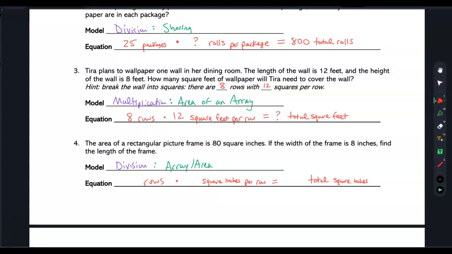In this case, I know the total area is 80 square inches. And if the width is 8, that would be this side. I'm trying to find the length. If it helps to draw a rough sketch of that picture, you could. So I know the number of rows. There's going to be 8 rows going this way. I don't know the number of square inches per row.